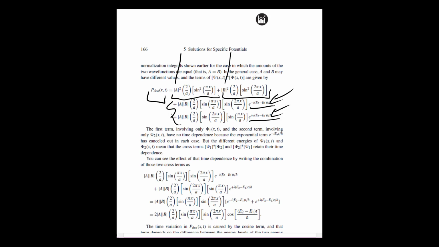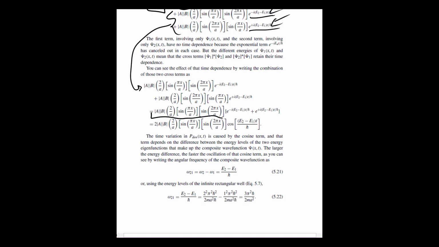We're going to just combine these 2 cross terms down here by pulling out these common factors, and that leaves us with this summation of those 2 exponentials. And that, according to the inverse Euler relationship, is equal to 2 times the cosine of E2 minus E1 times t over h bar. So there's the cosine. I put the factor of 2 out front here, and that replaces these 2 terms.